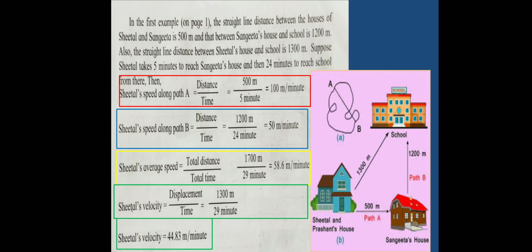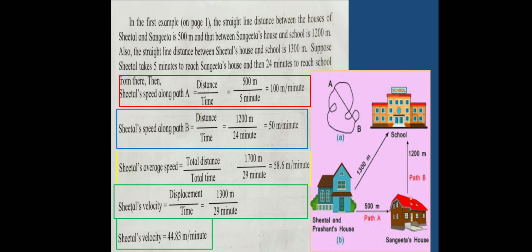So the distance between Sheetal's house and school is 1300 meter, you can see in the diagram, and the time required is 29 minutes. So 1300 meter, which is the displacement, divided by 29 minutes. After calculating this, Sheetal's velocity is equal to 44.83 meter per minute.